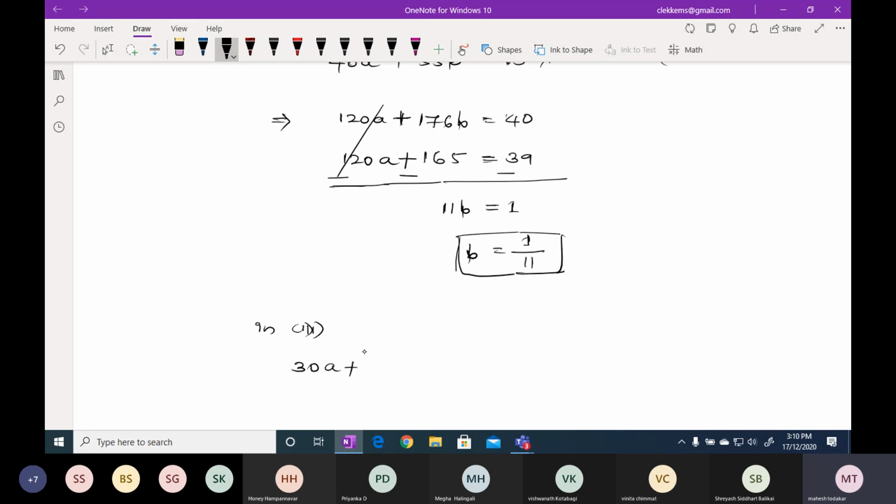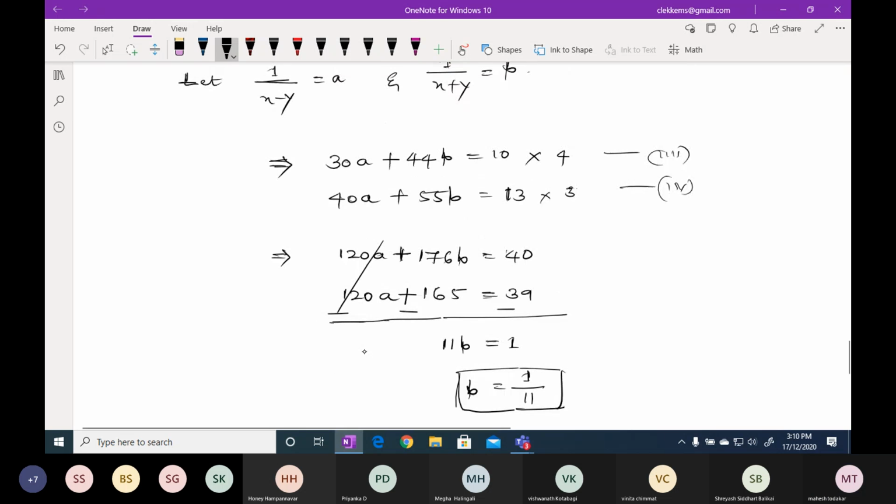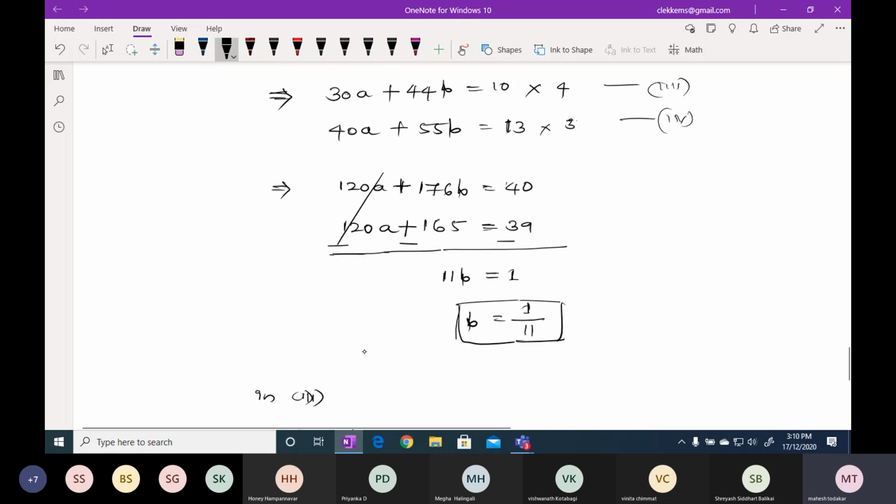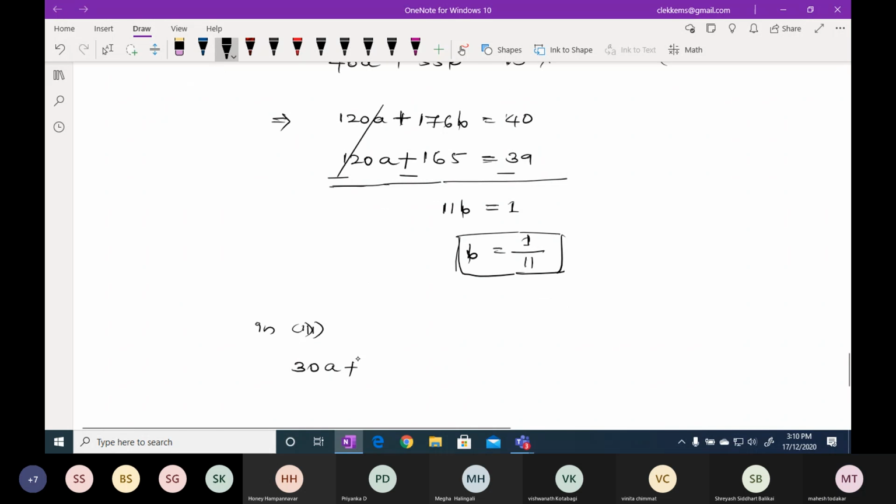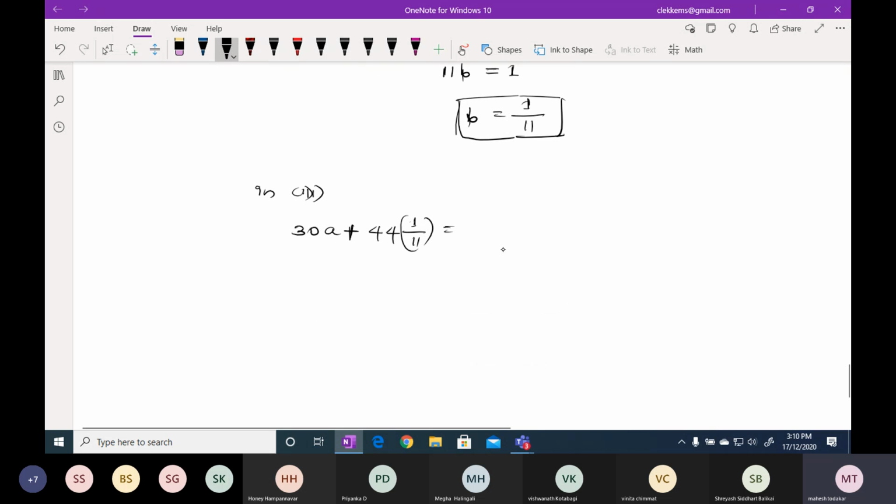30a plus 44b, B means what here? 1 by 11 is there. Is equal to how much? 10. It is 10. So now this implies again 30a plus 4 is equal to 10.